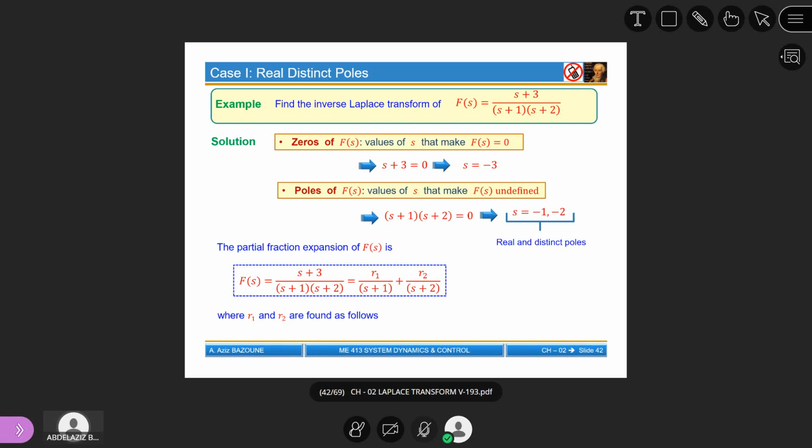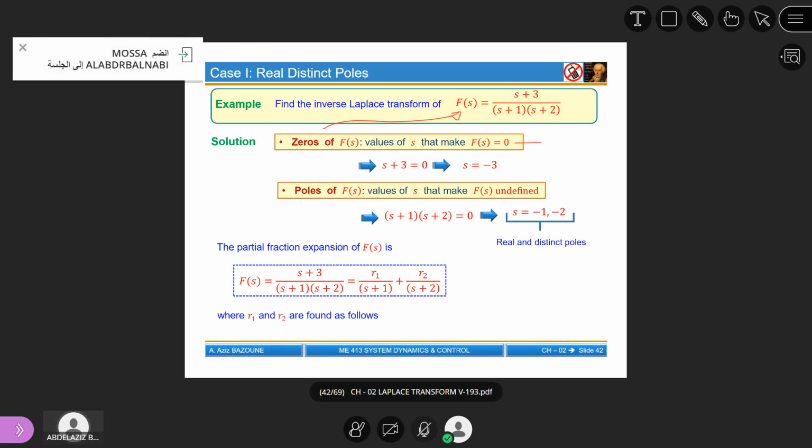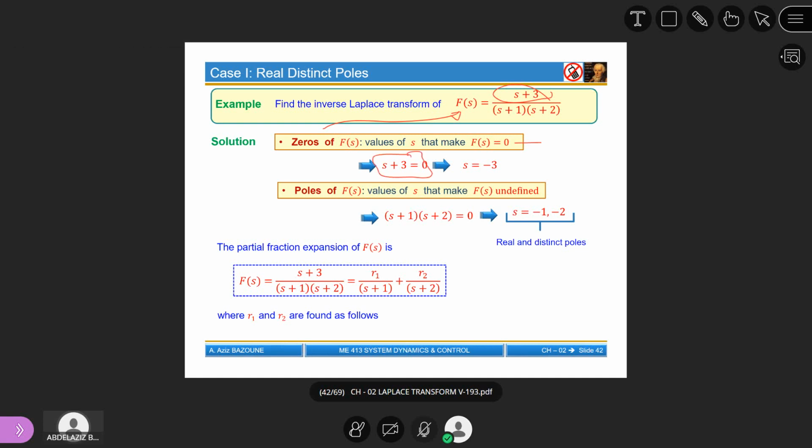The zeros are the values of s which make F of s equal to 0, meaning the numerator s plus 3 is equal to 0. When s plus 3 equals 0, s is equal to minus 3. This is called the zero, so it has one zero.